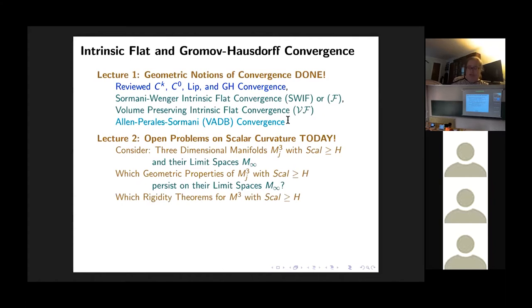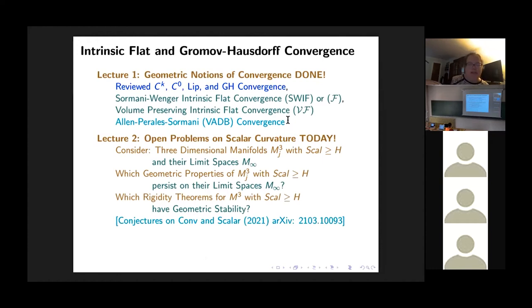Which rigidity theorems hold for M^3 with scalar greater or equal to H have geometric stability? Now, that's the kind of question that asks, is the rigidity theorem sort of true in some sense? In the limit case, if M_j almost has the properties of the rigidity theorem, is it close in the intrinsic flat sense to the exact specific manifold it must be in the Riemannian setting?